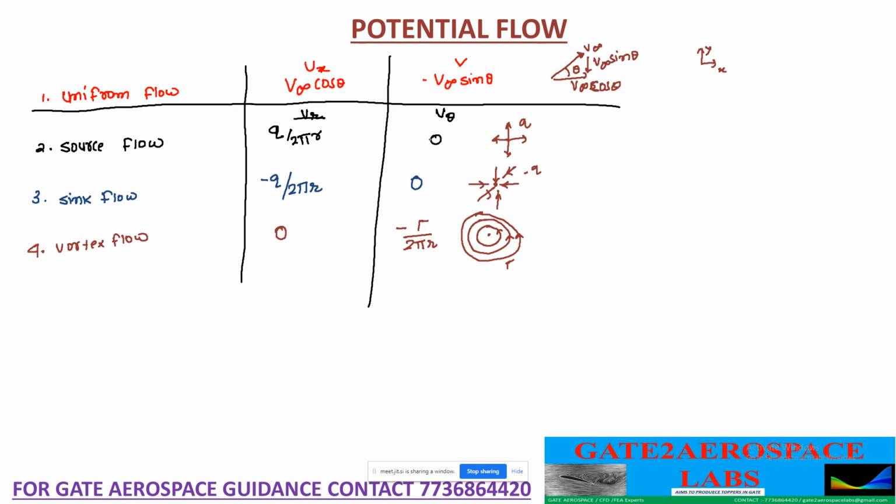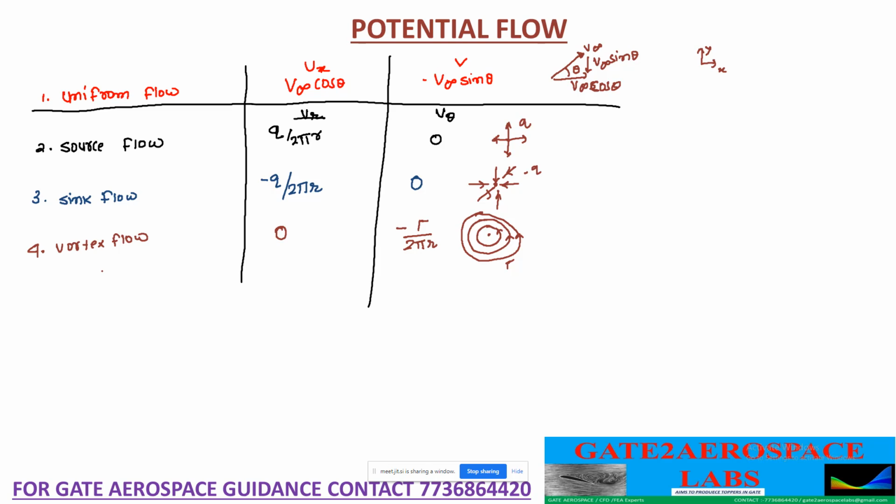Is it clear? We have summarized the types of basic flow, and I will be using these flows only. Most of the flows that are asked in GATE are combinations of these flows only.